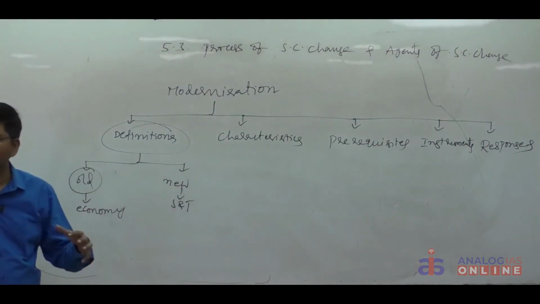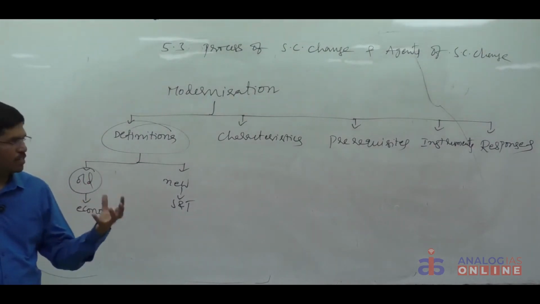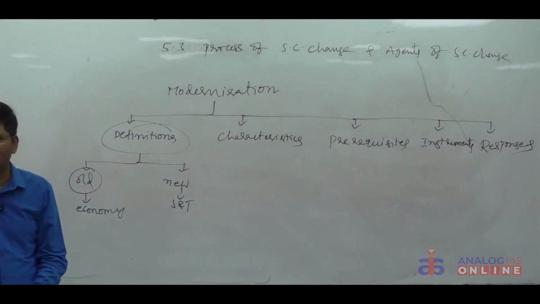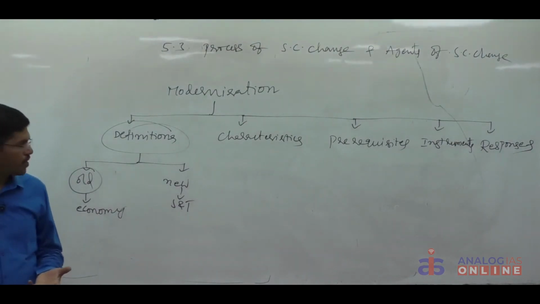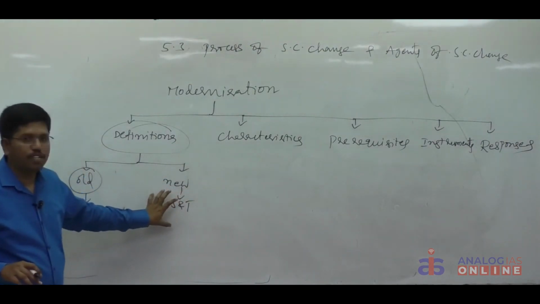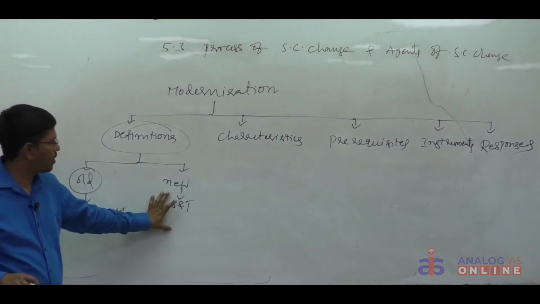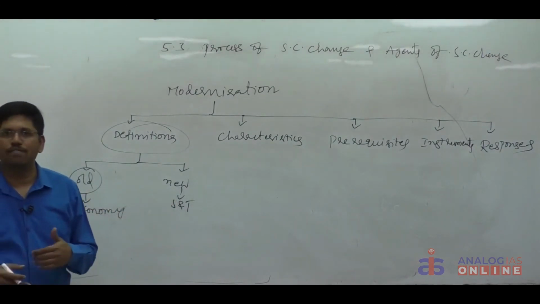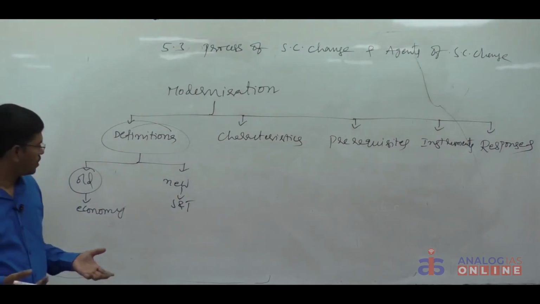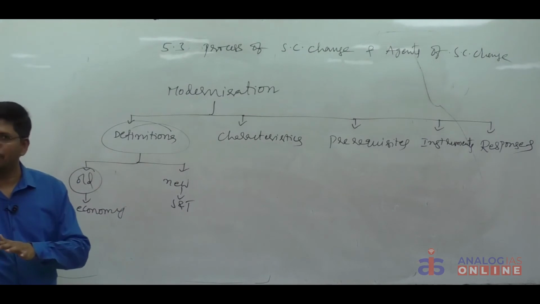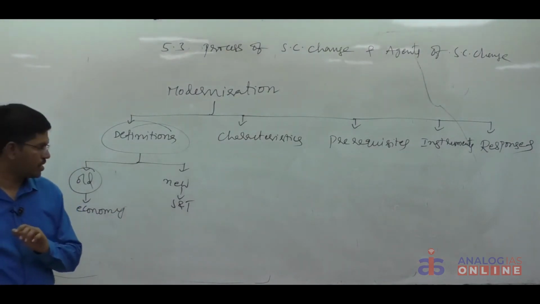A modernized classroom means more scientific equipment will be there so that delivery of lectures will be so easy. That means our life becomes comfortable. That's why the modern definitions are with respect to science and technology. But because of the introduction of science and technology, the nature of the economy was changed. Once upon a time, our economy was primarily agriculture. Now it changed to a primarily industrial and service sector based economy.